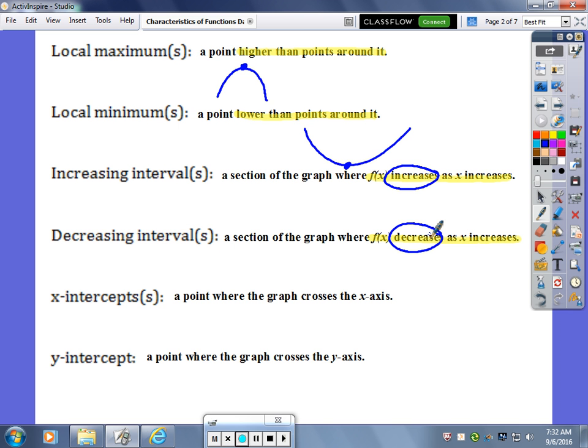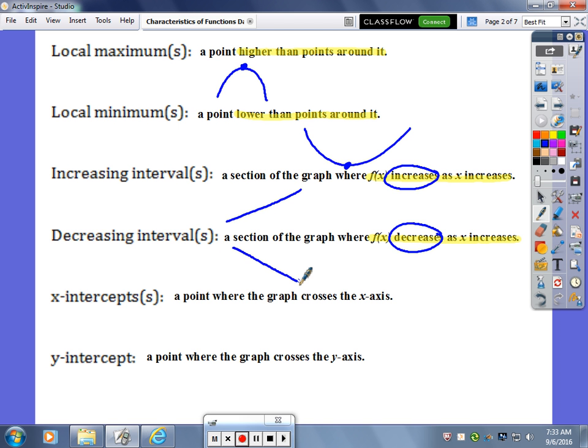In other words, we're always thinking about x increasing, going from left to the right, but an increasing interval is where f of x, the y values, also increase, while a decreasing interval is an interval where the y values decrease as x increases. When you think about f of x increasing, just think about the line that goes up from left to right. And when you think about f of x decreasing, think about a line that goes down from left to right.